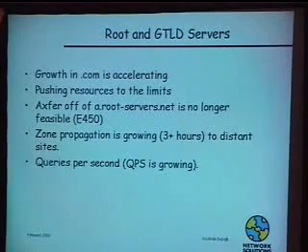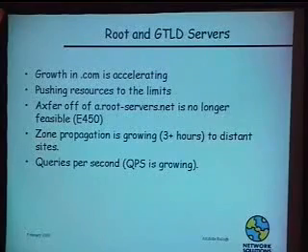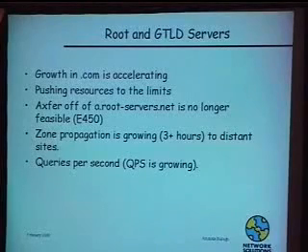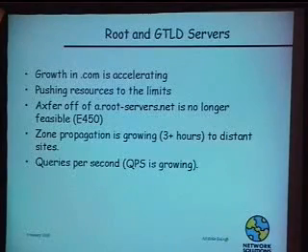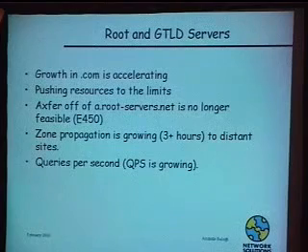Growth in .com, of course, is accelerating, and with the advent of the registrar and registry split, it's actually accelerated even more. And this is really essentially putting our resources to the limits. For example, one of the things that the other root and gTLD servers did in the past was be able to zone transfer off of A. And that's really no longer possible.